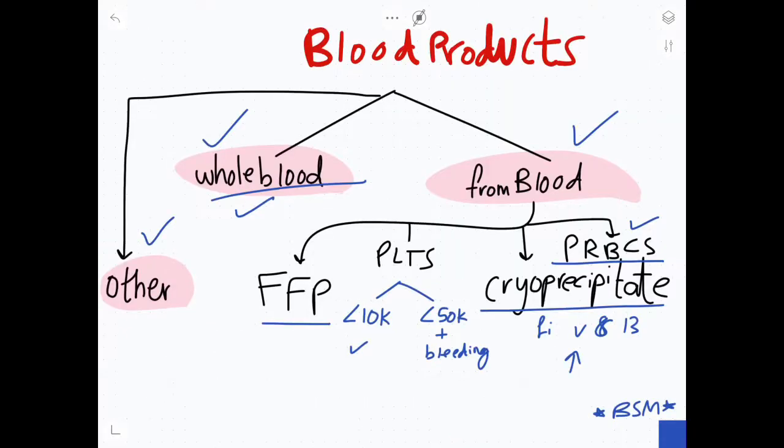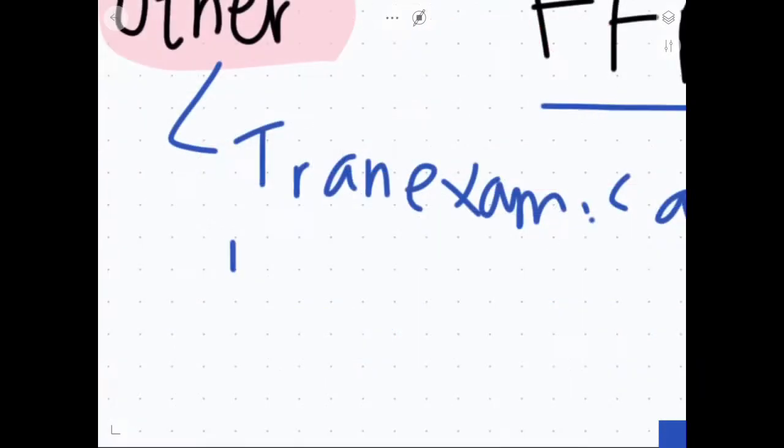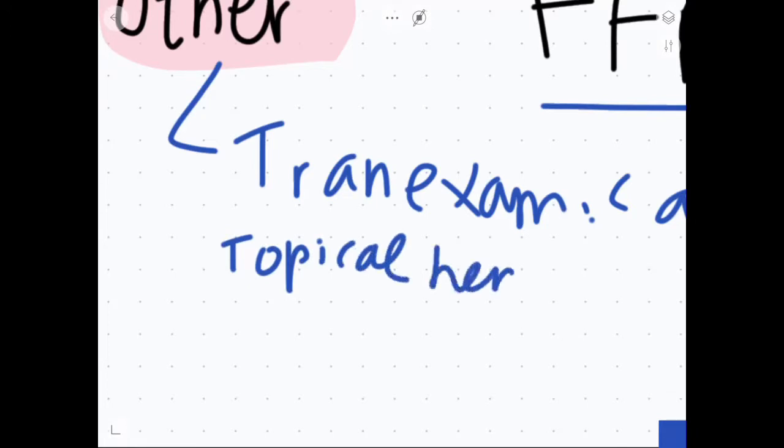Next up, we have others. So there's tranexamic acid. How do you spell this? Tranexamic acid, I think. If this is wrong, I'm sorry. I just can't recall the spelling right now. Other than that, you give them topical hemostatic agents.